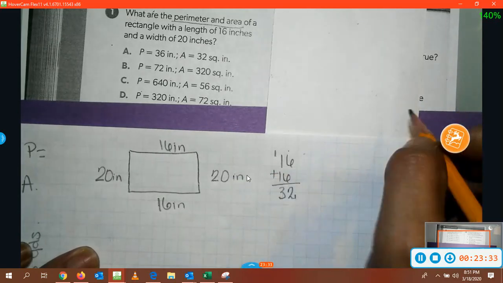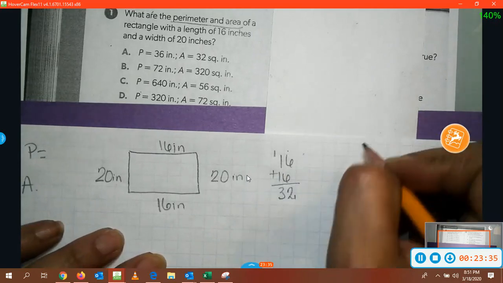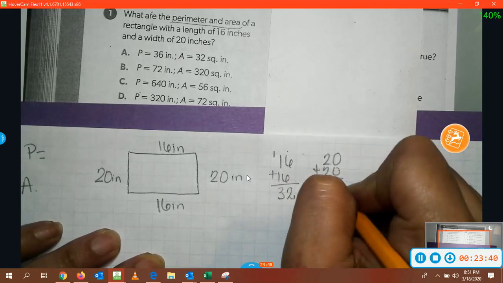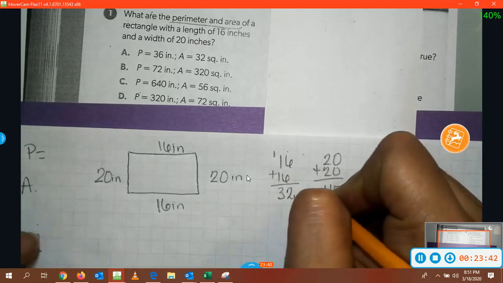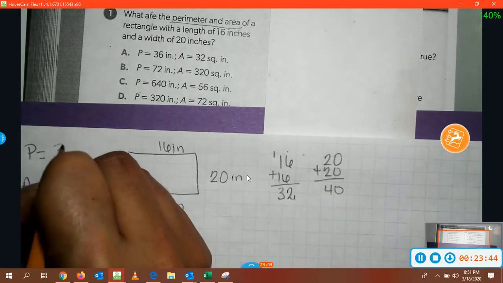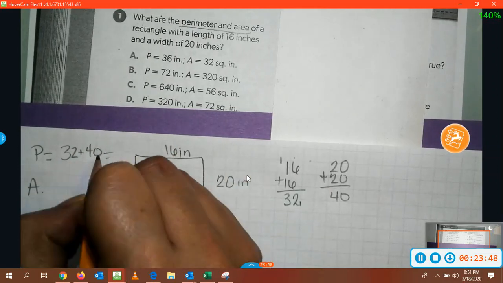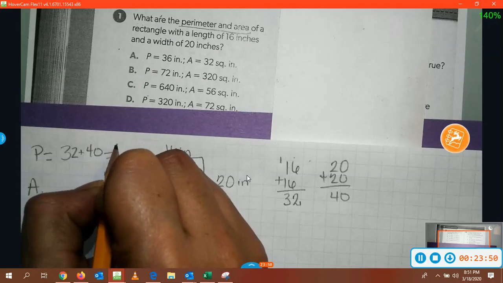So we know that that's 32. So we're going to do 20 plus 20 is 40. We know that. So then we're going to do what? Perimeter is 32 plus 40 equals 72.